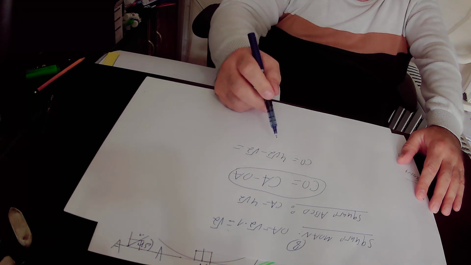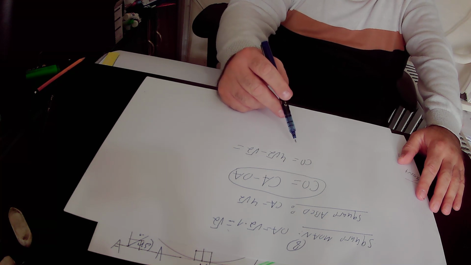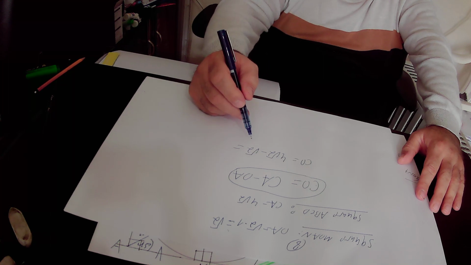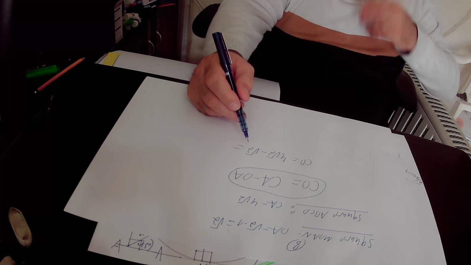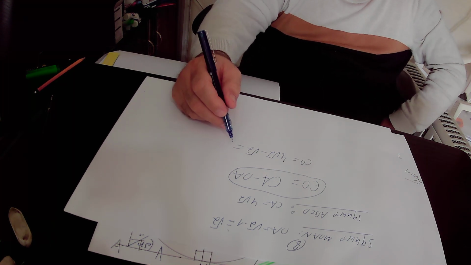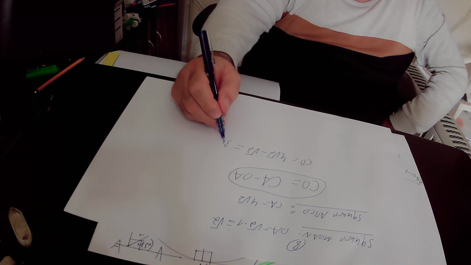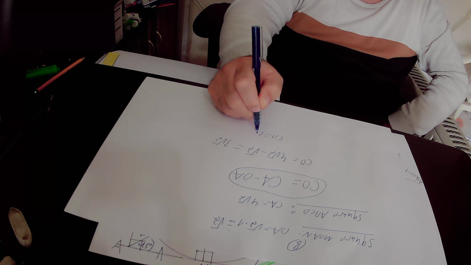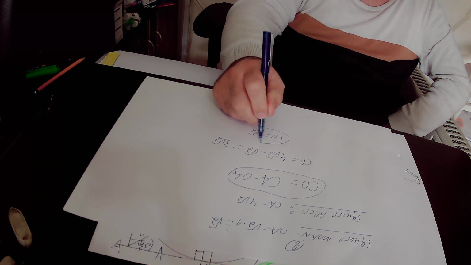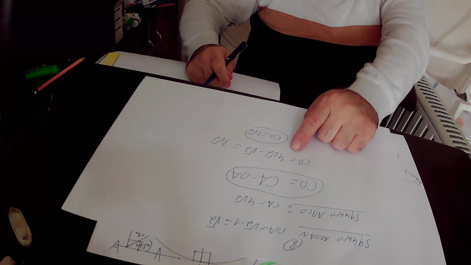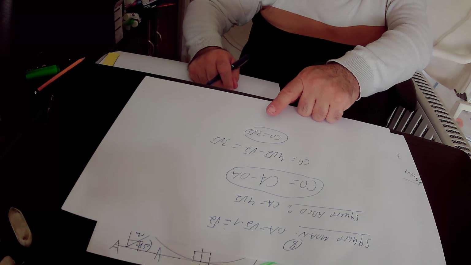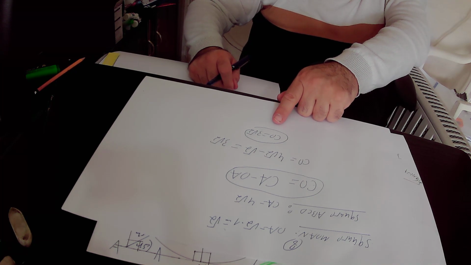So in conclusion, we will get that CO equals 4 times square root of 2 units minus 1 times square root of 2 units. That is to say, CO equals 3 times square root of 2 units, because 4 times square root of 2 minus 1 times square root of 2 equals 3 times square root of 2 units.